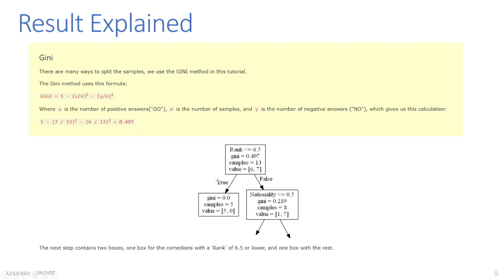So the next step here contains two boxes. One box for the comedians with rank of 6.5 or lower, so this one. And the other box is the one with higher than 6.5. So that's how we split this. So that means that the criteria first used was the rank.